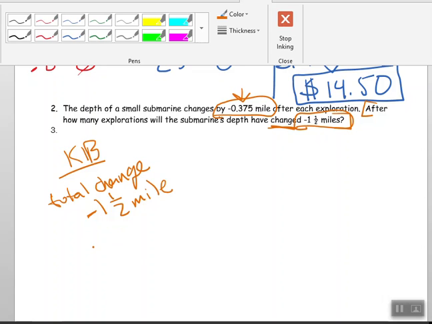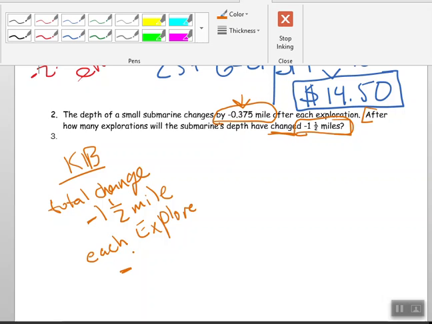Okay, and I know that with each exploration, we went down negative 0.375 miles. Okay, and so my question is, how many explorations until I get to negative 1 and 1/2 miles?